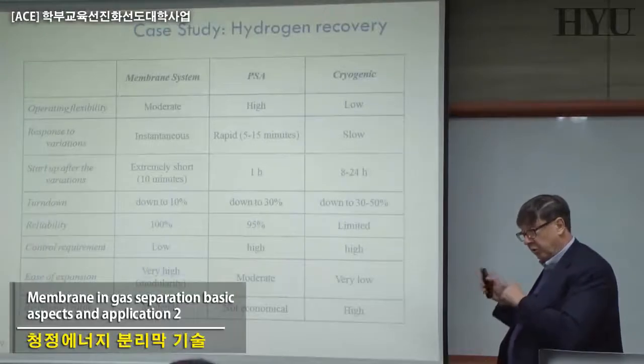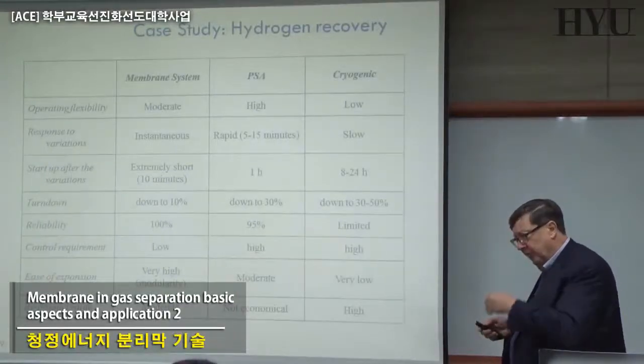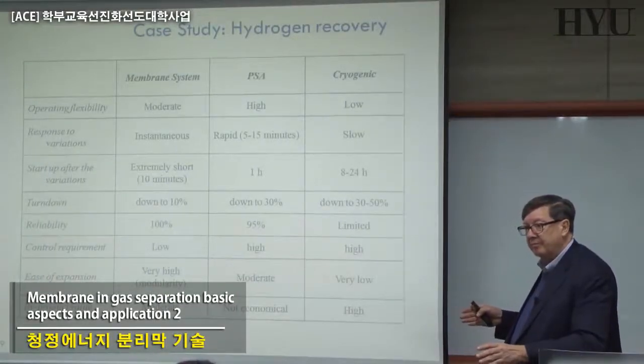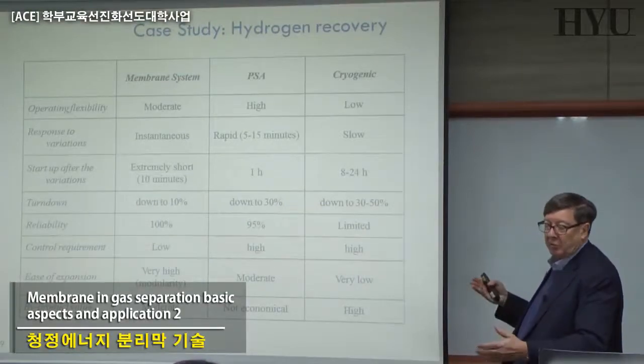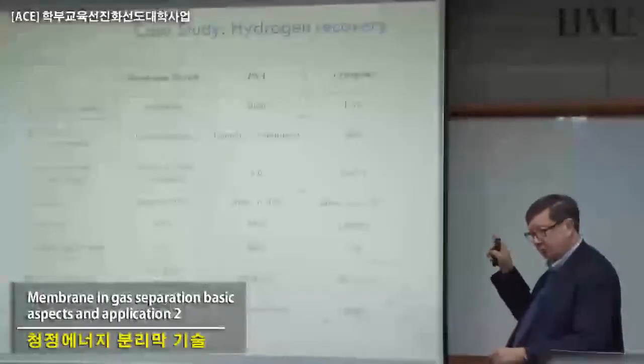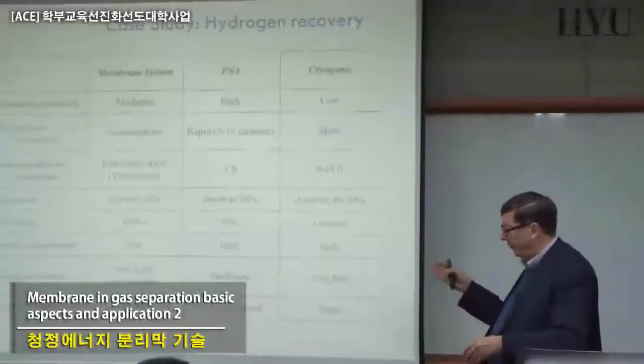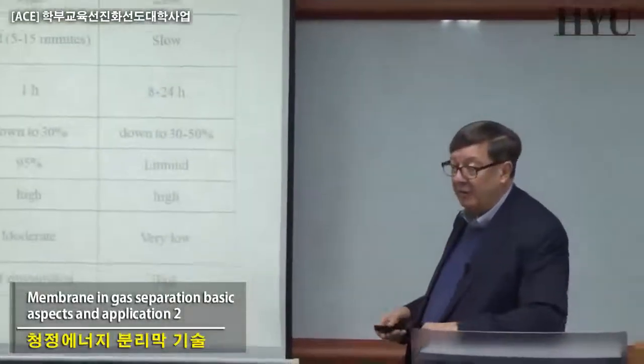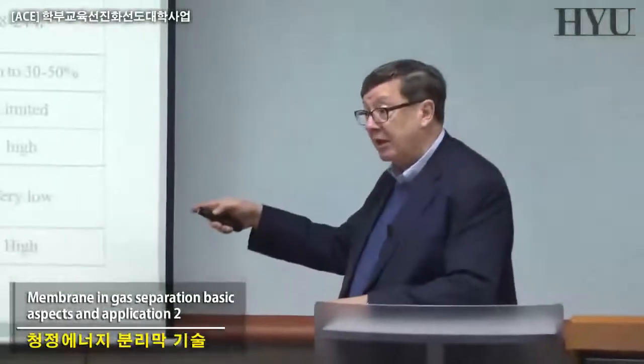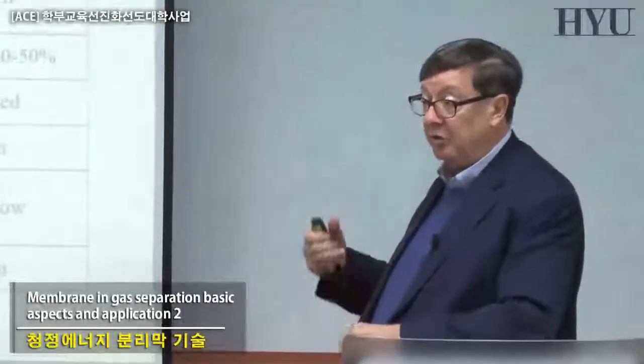The point is that, for example, in the case of hydrogen, this phenomenon cannot be neglected. People were assuming that there was no concentration polarization, no fouling, not at all. Today, if you go into the literature, you will find a lot of modeling, simulation, and experimental results consistent with the simulation.